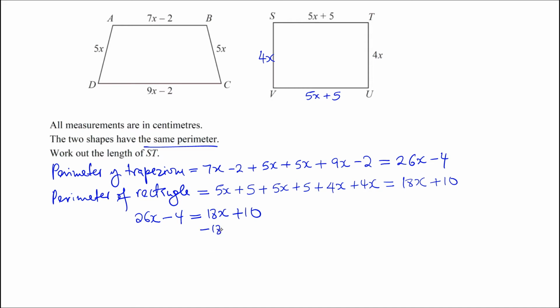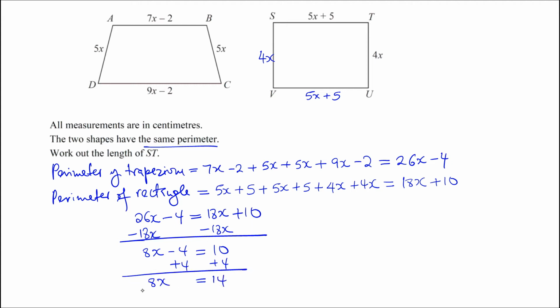So let's start by getting rid of the smaller x from both sides. Here we'll have 8x minus 4 equal to 10, and then add 4 on both sides. So 8x will be equal to 14, and then divide by 8.